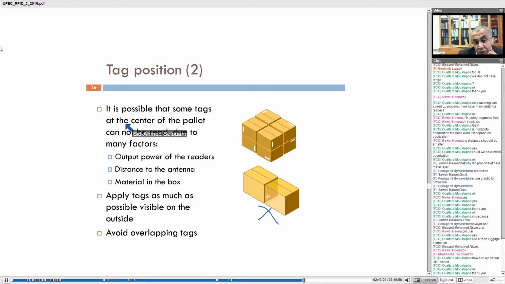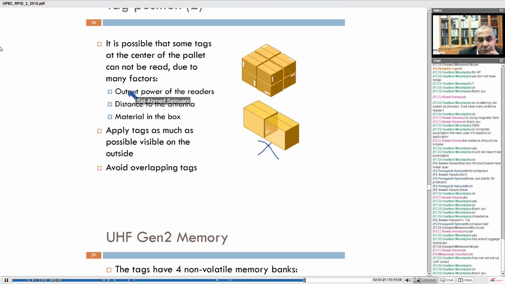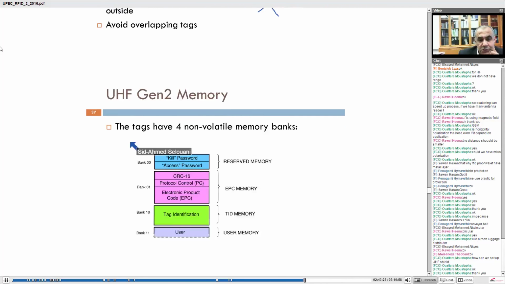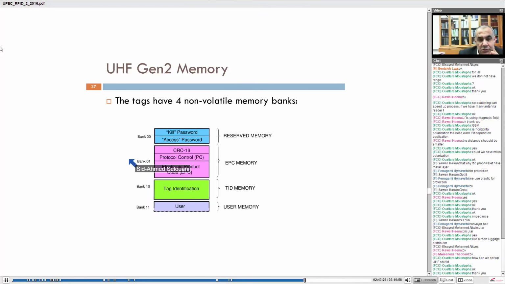This is better, so you can see the tags are far from each other. It is possible that some tags at the center of the pallet cannot be read due to the manufacturer, output power of the reader, distance to the antenna, and material in the box. So it is recommended to apply tags as visible as possible to the outside and avoid overlapping tags.